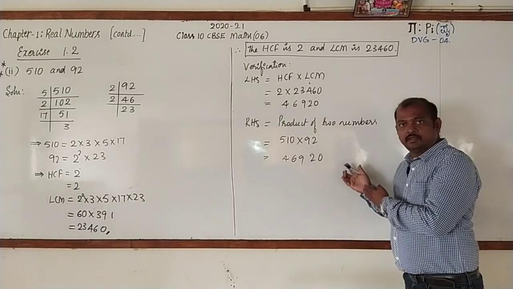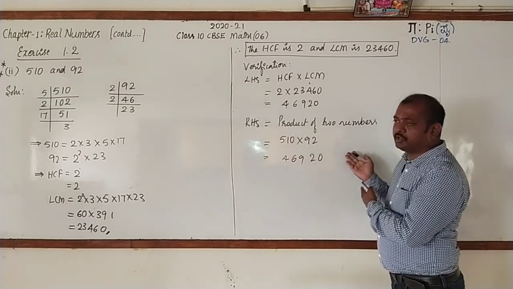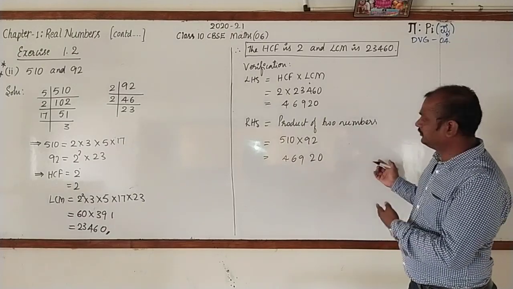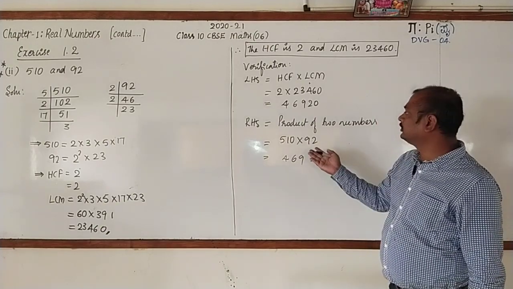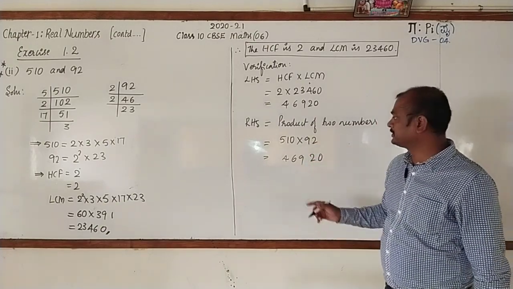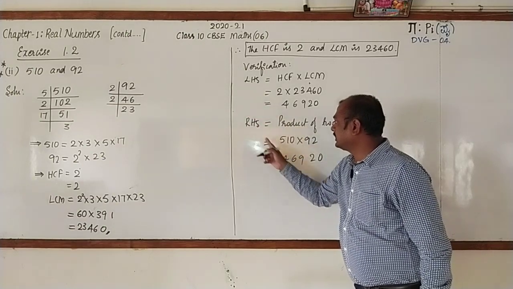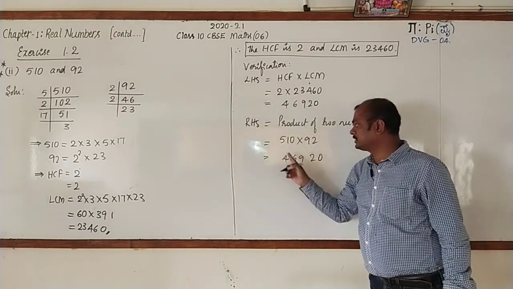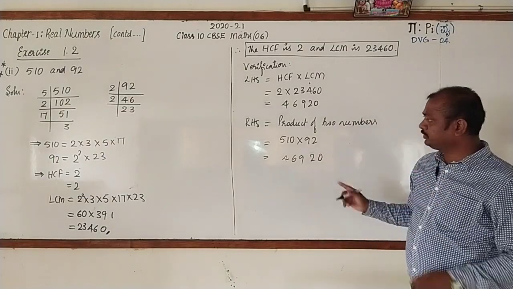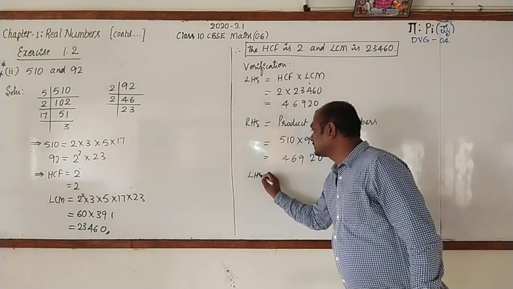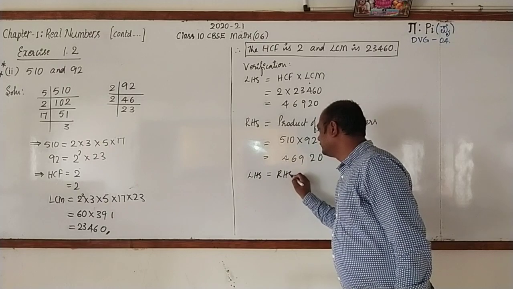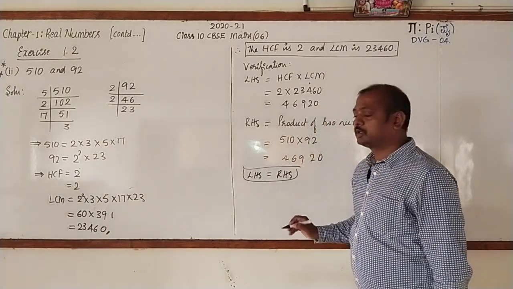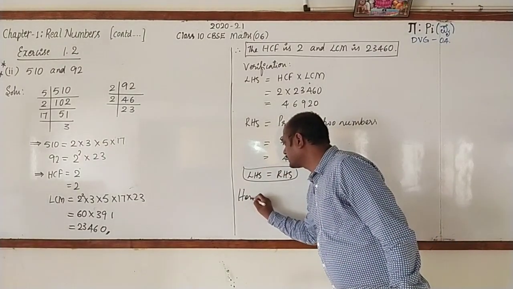Or else, again, as I said, the lower class method can be followed in the working column. Actually, not necessary to solve such simple problems. Anyway, observe LHS and RHS values. 46,920 in case of RHS, 46,920. We can write LHS equal to RHS. Then conclusion for second sub-question.